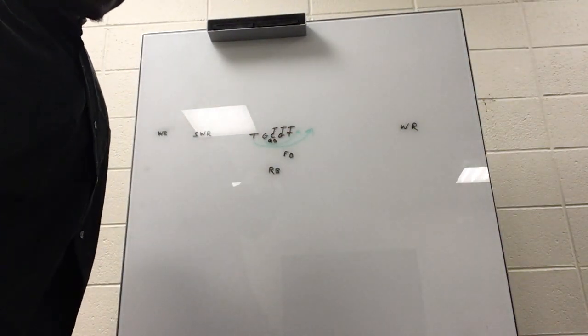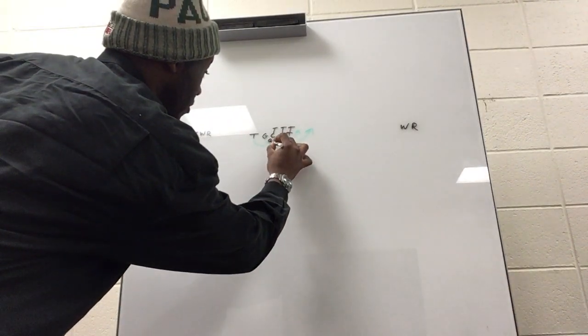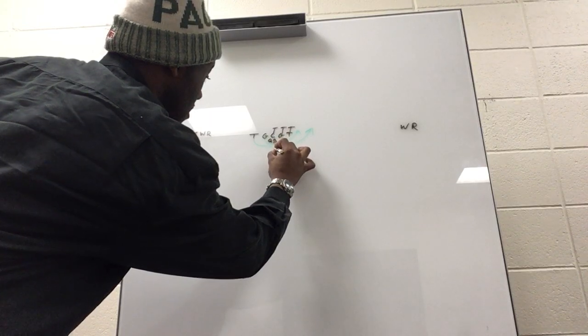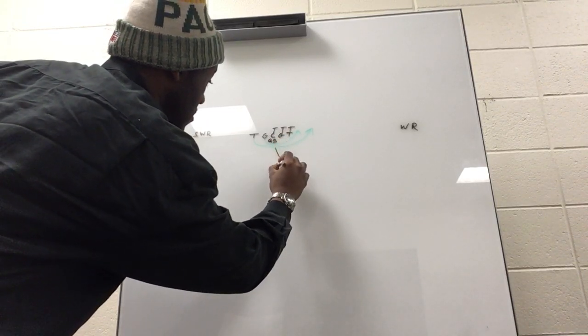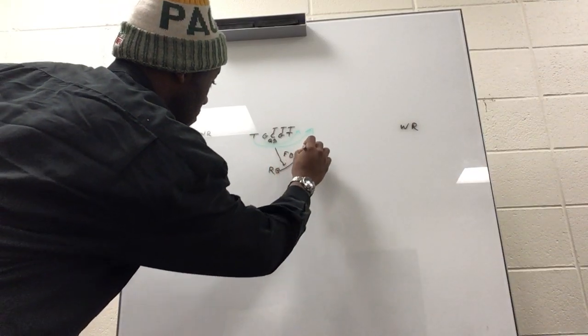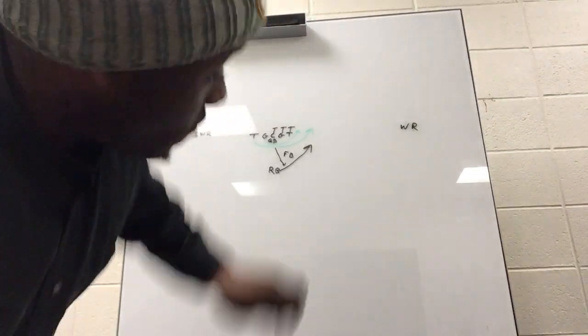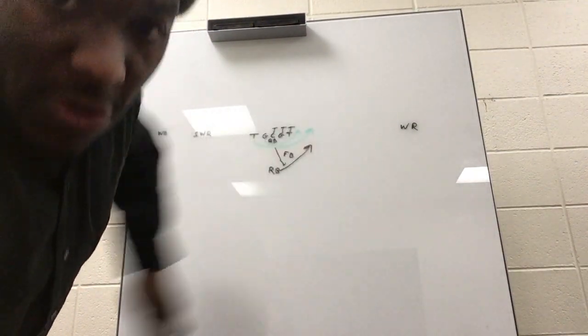So now, I'll draw the quarterback handoff to the running back. And then the fullback will block in the same direction the play's going.